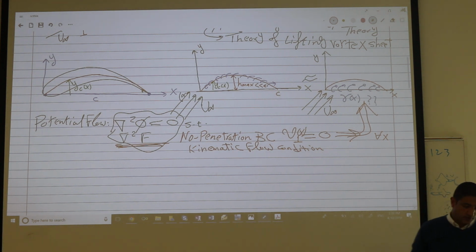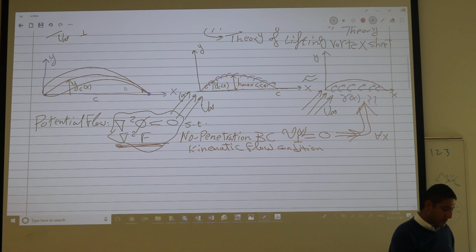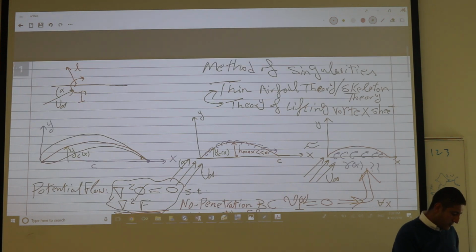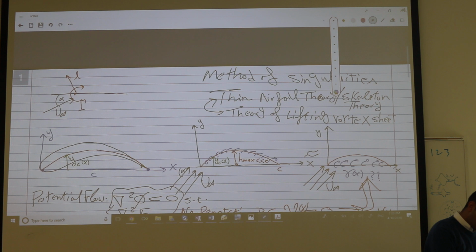Right? So the flow around the circular cylinder was equal to U infinity plus doublet plus gamma, right?